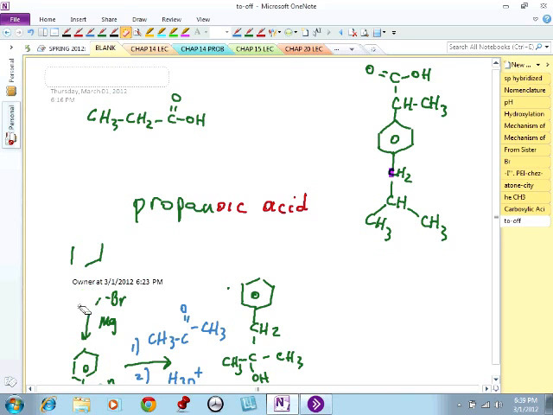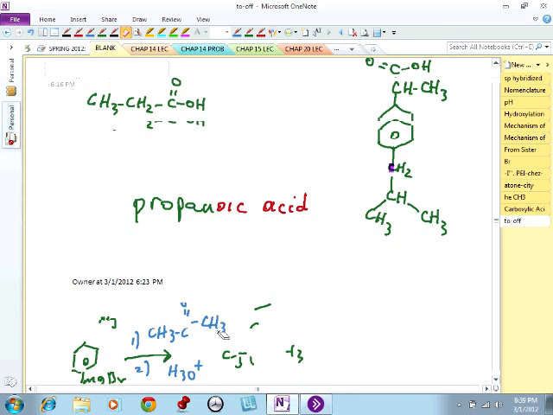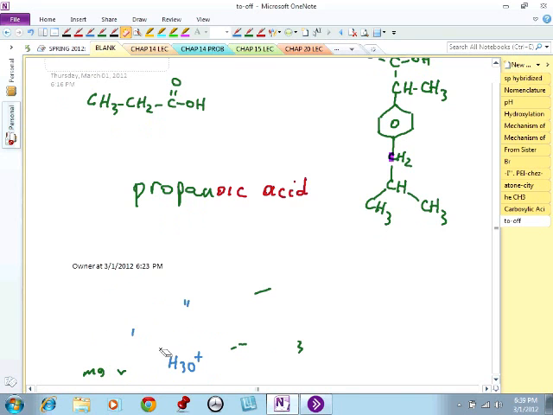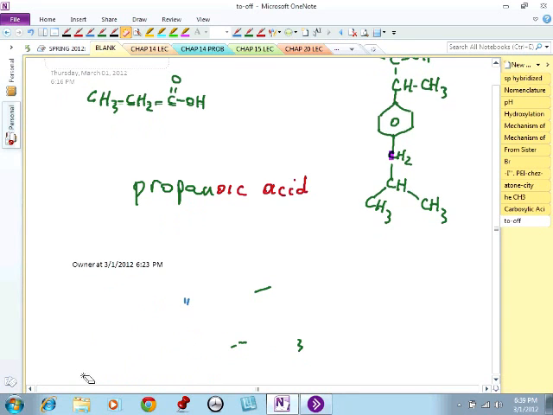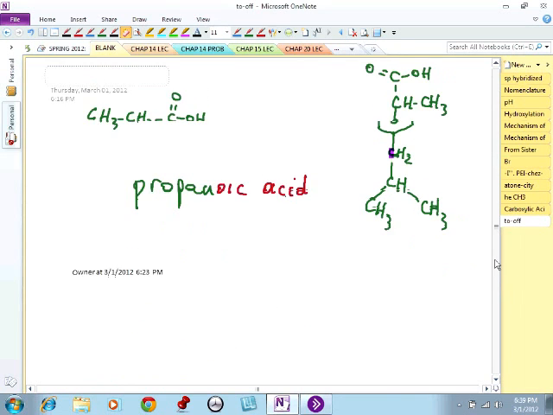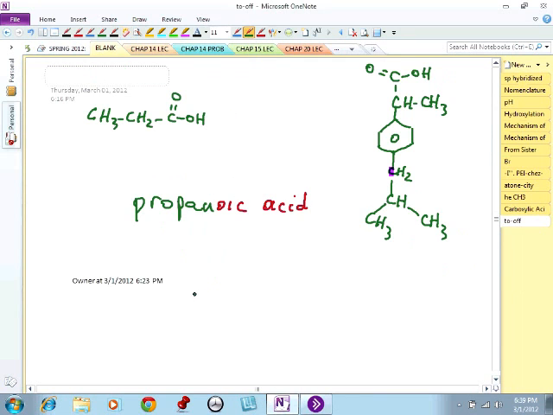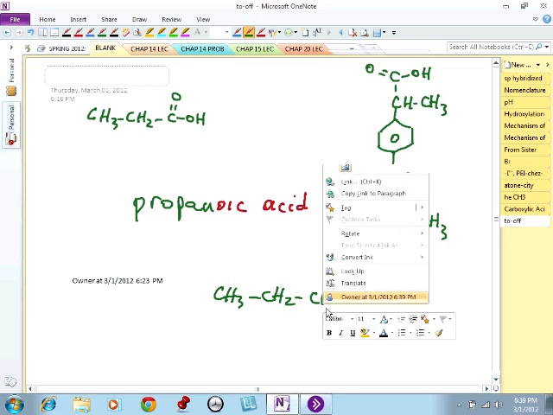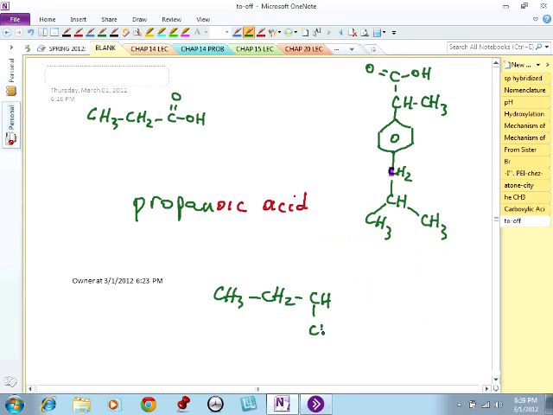Now, if I have this, what would be the name of this molecule?